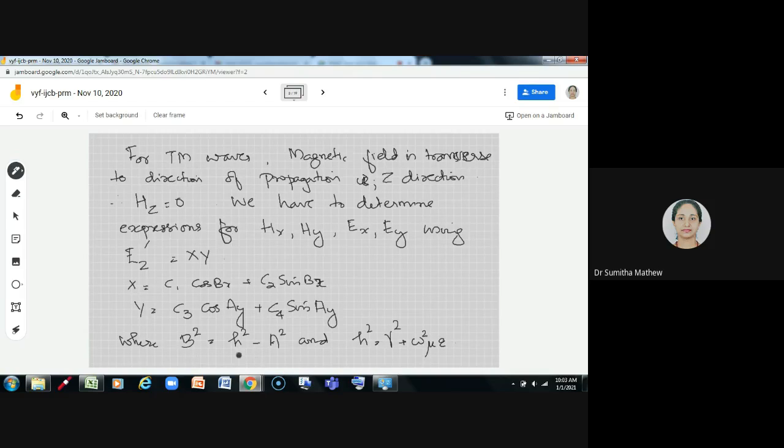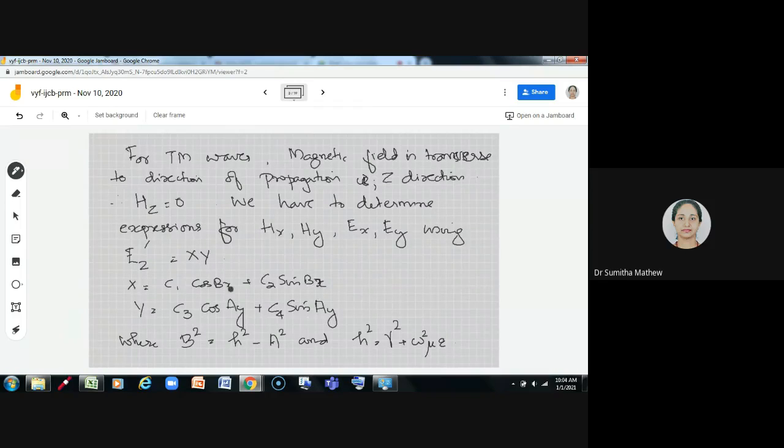We had substituted B square is equal to h square minus a square. What is h square? That also we had substituted earlier as gamma square plus omega square mu epsilon. We had substituted these variables earlier. Capital B square is equal to h square minus a square.